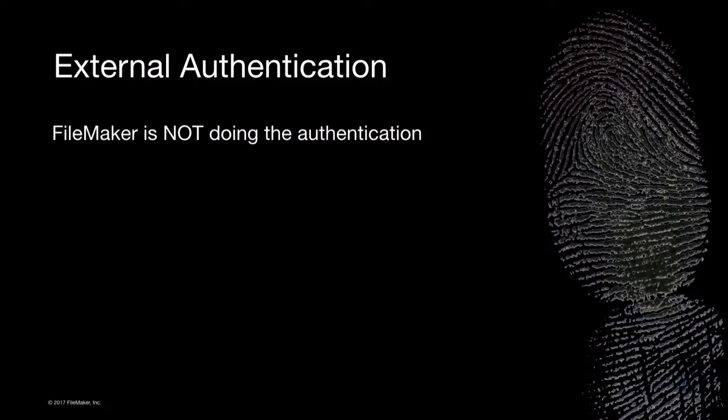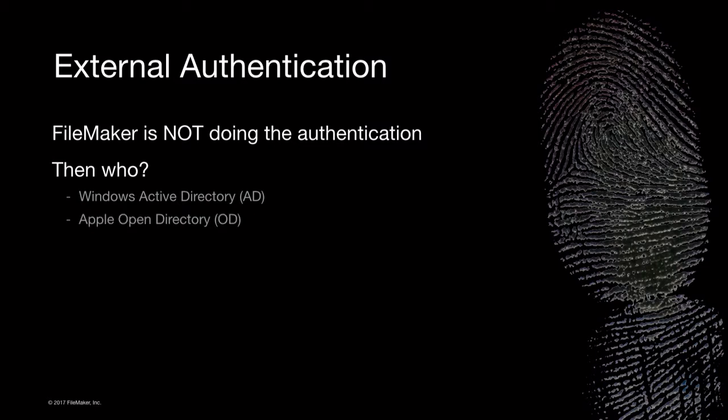So authentication, if it's external, what it really means is that it is not FileMaker that does the authentication. It's something else. And we will talk about what these other things are. When FileMaker 7 was released back in 2004, we were given 3 external authentication providers: the Windows Active Directory, the Apple Open Directory, and the little brother, very often overlooked, is the fact that you can use local accounts and local groups on the FileMaker Server machine itself.